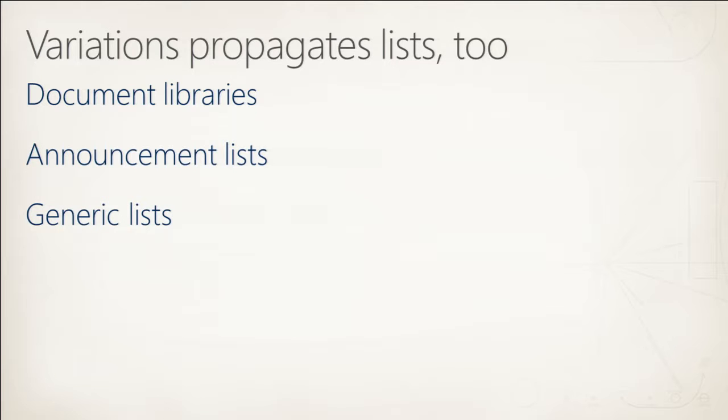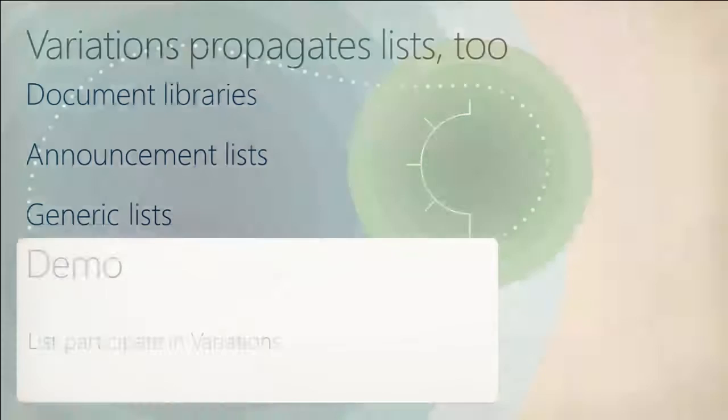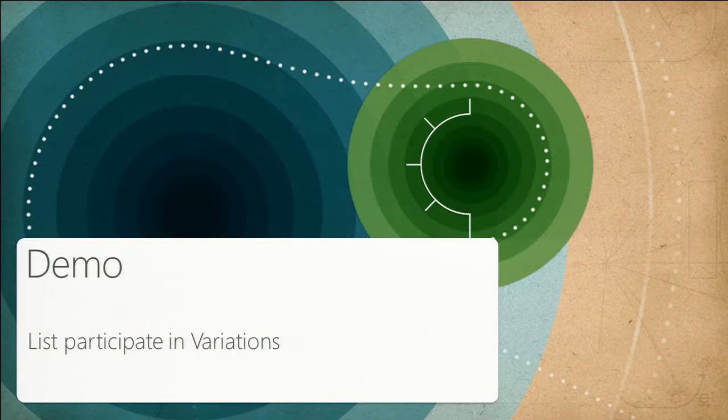So items that were shown in a page, for example, in a content query web part or content search web part, that wasn't actually linked into the page as far as we were concerned in the past. But now, because the list syncs independently, things like announcements lists, document libraries, just general generic lists will sync on their own. So talking about Contoso again, they have a news content query web part on their homepage that surfaces upcoming announcements for the company.